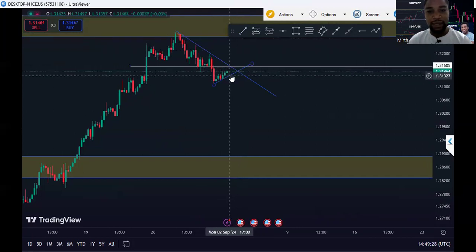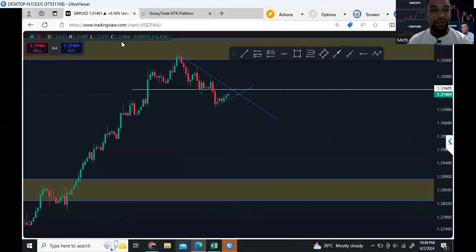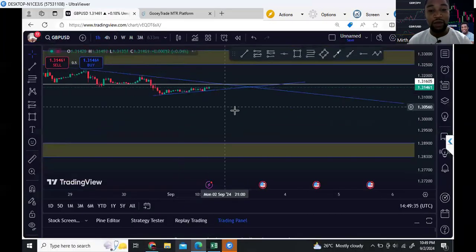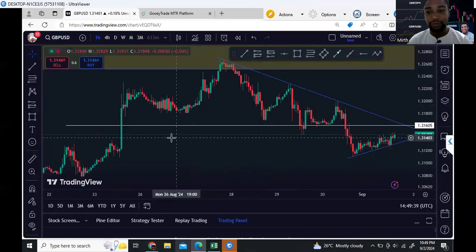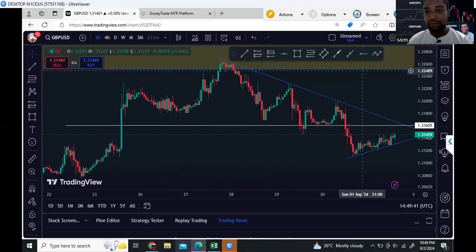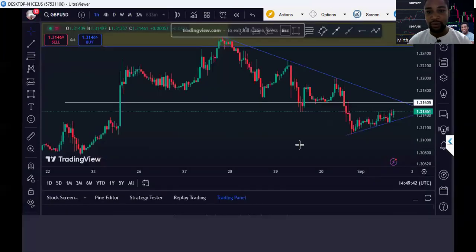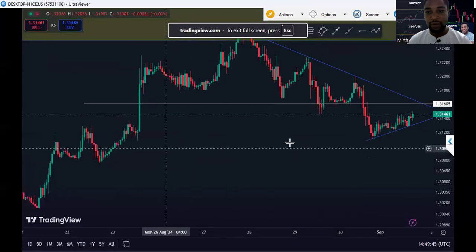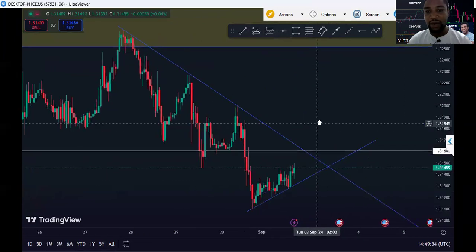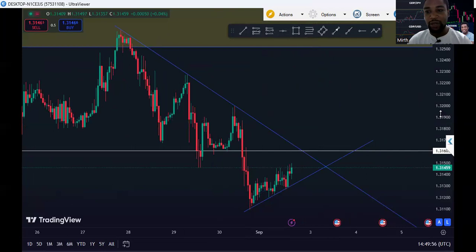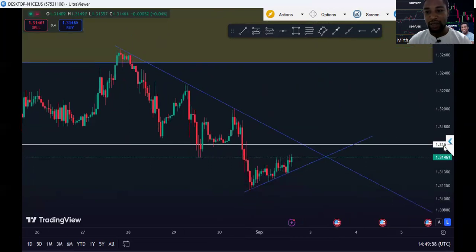But once I see a break of the neckline, let's come back down from the 4-hour time frame to the 1-hour time frame. Once I see a 1-hour break, either a 1-hour break or a 4-hour break, you're good to sell.